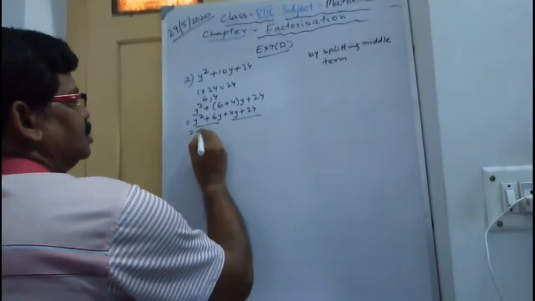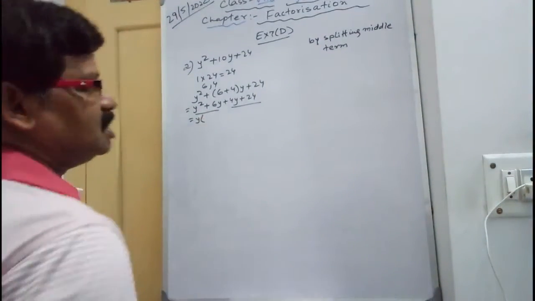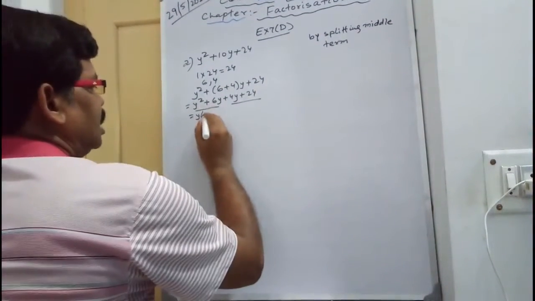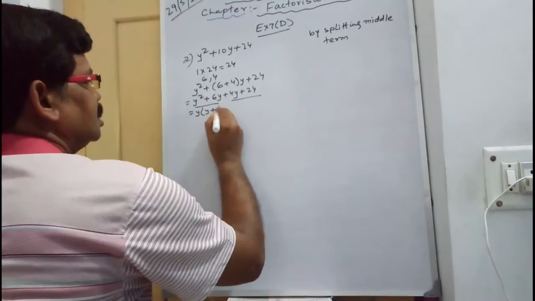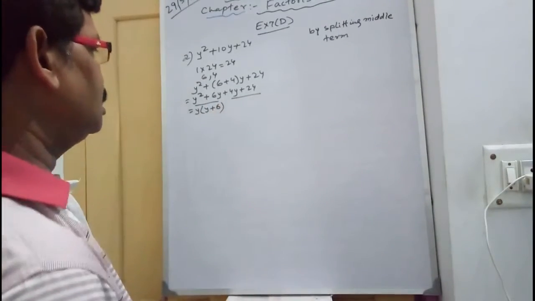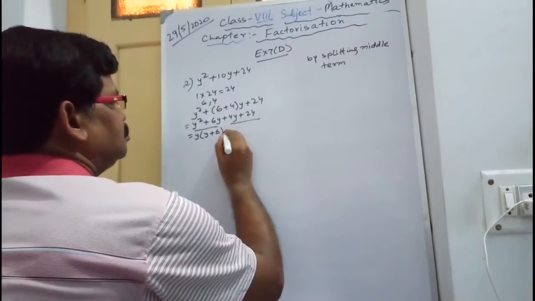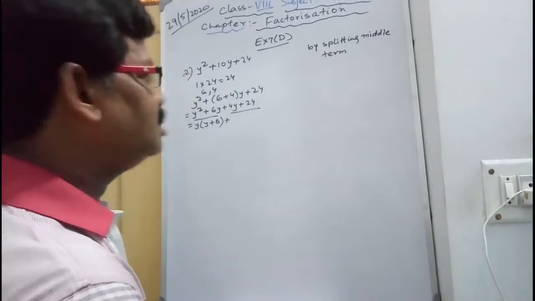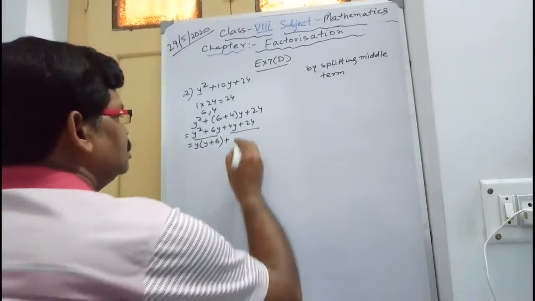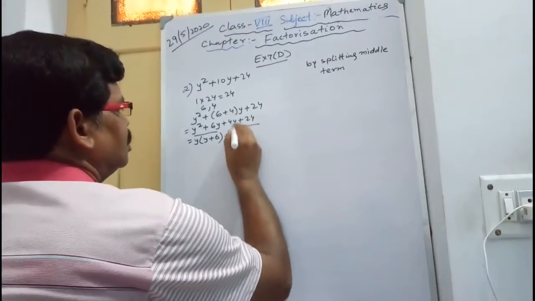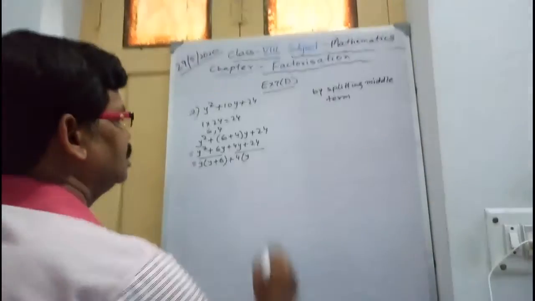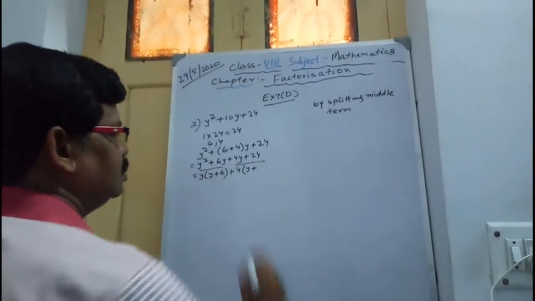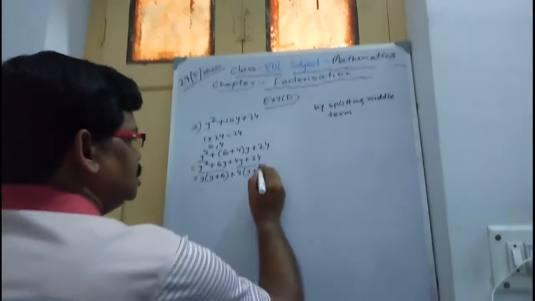Now from these two the HCF is y, so only y is left, y plus from the second term 6 only. Now from these two, the HCF of 4 and 24 is 4, from this one y, and divide 24 by 4, which is equal to 6.